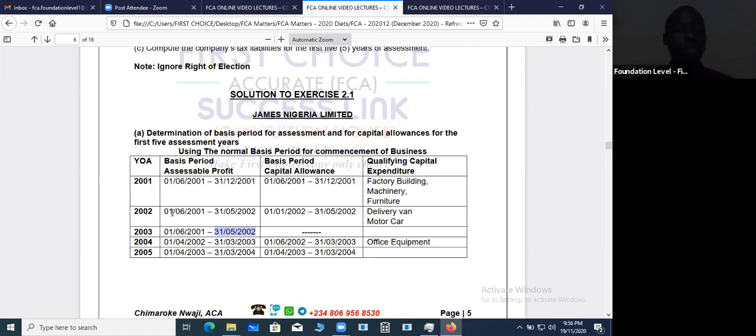So what do you do? You go back to year 2 and repeat exactly the basis period of year 2 into year 3. You repeat year 2 into year 3 whenever you cannot get 12 full months on preceding year basis.